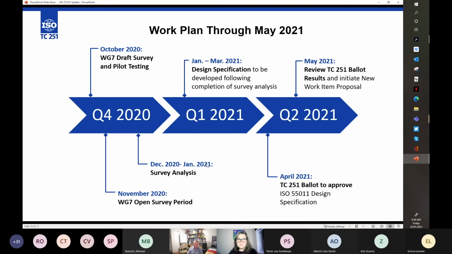And this is basically where they're at. They're trying to get it out by the end of this year as well. Again, it won't be a standard in terms of what we know it to be, like 55001, but it will be a standard in terms of a document that's been issued from the ISO group.